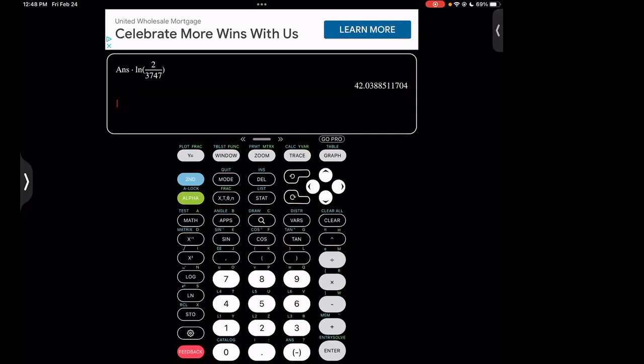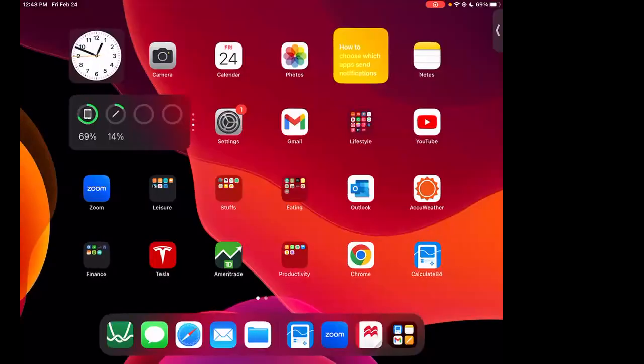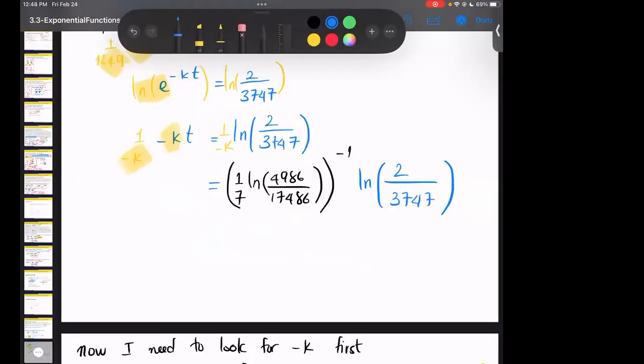So roughly 42. We'll see what the unit is. 42. See how fast it's infected? 42 days. That's more than half the soldiers in that group.